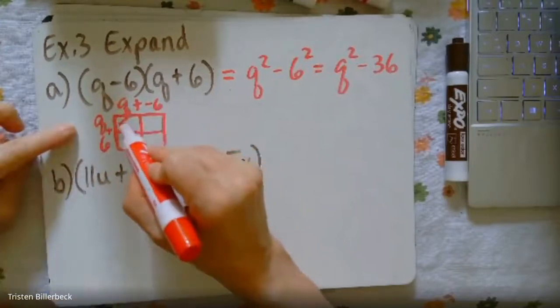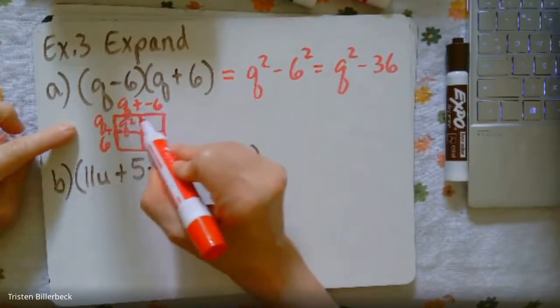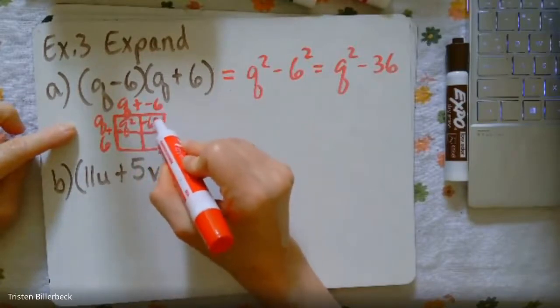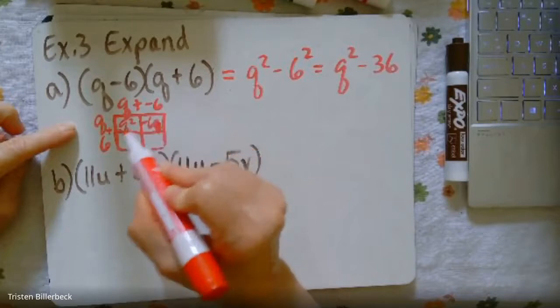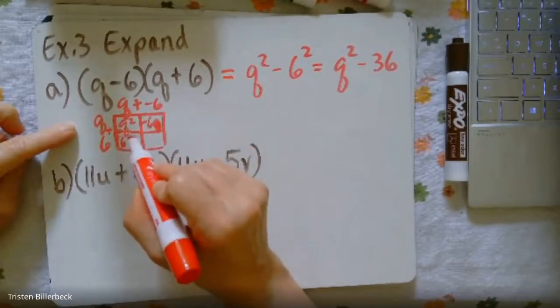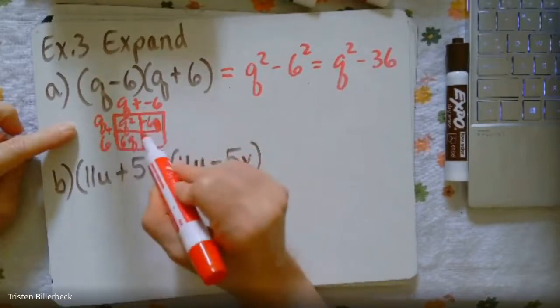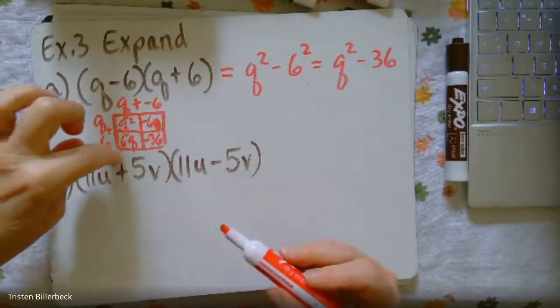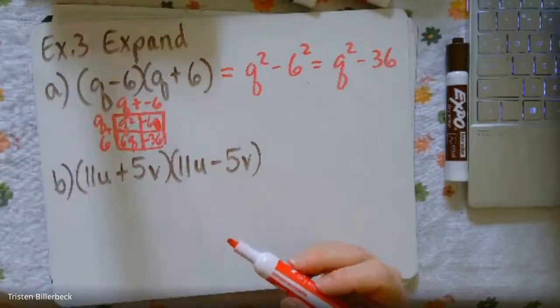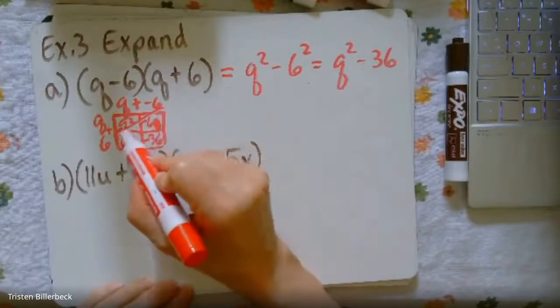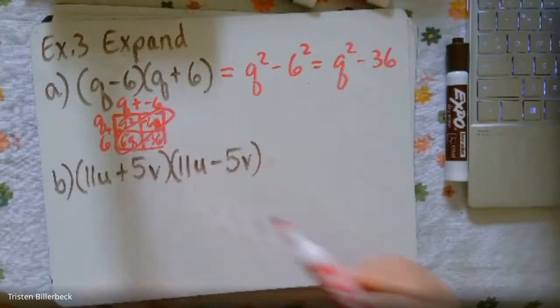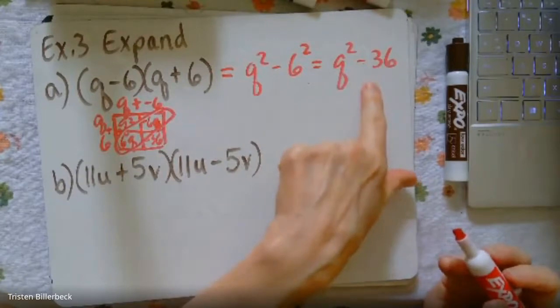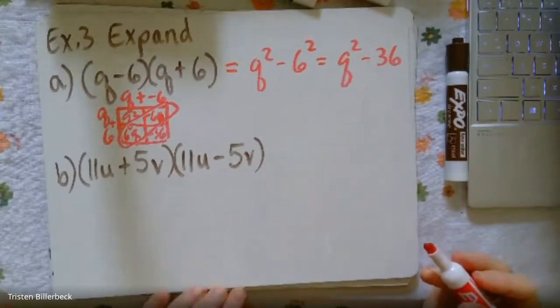So we have q squared, we have minus 6q right there, and this is a plus 6q, and then we have minus 36. So the plus 6q and the minus 6q cancel out, and it's 0. So that's why there's no middle term there.